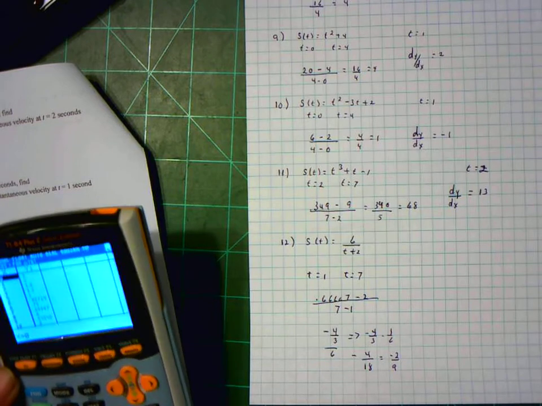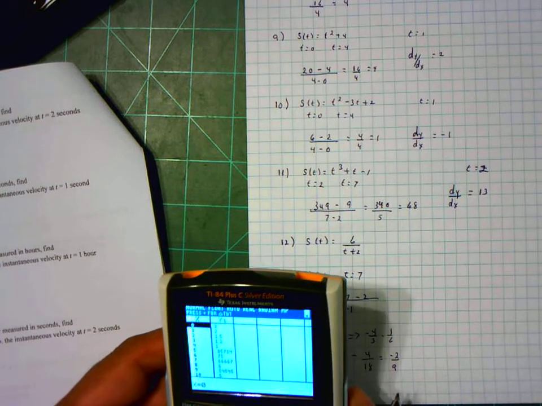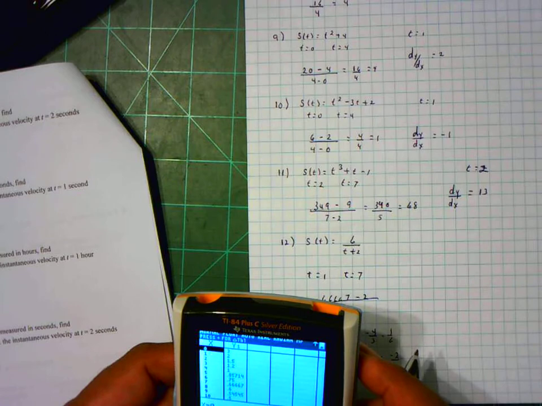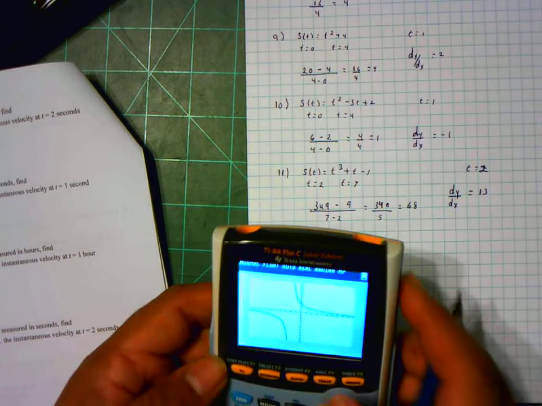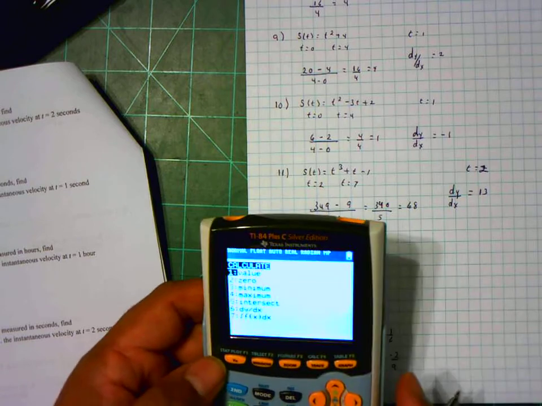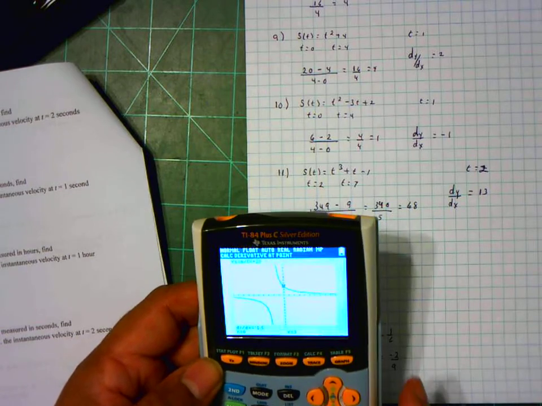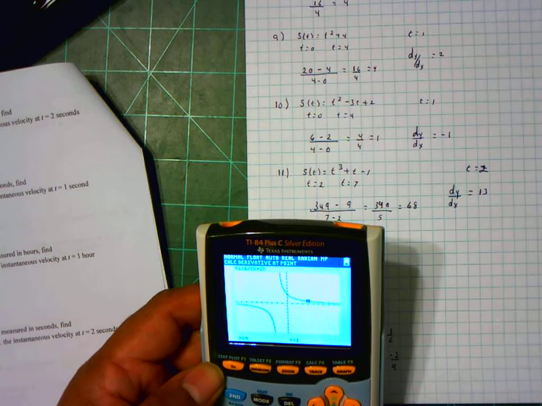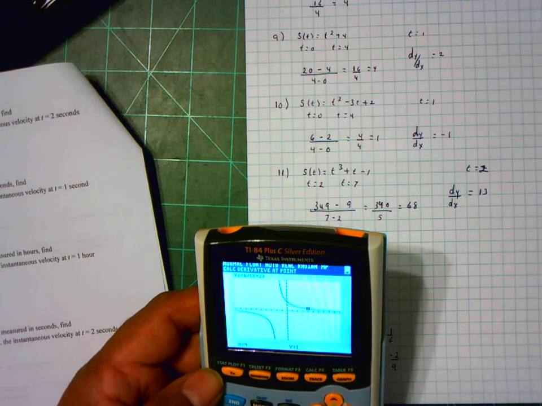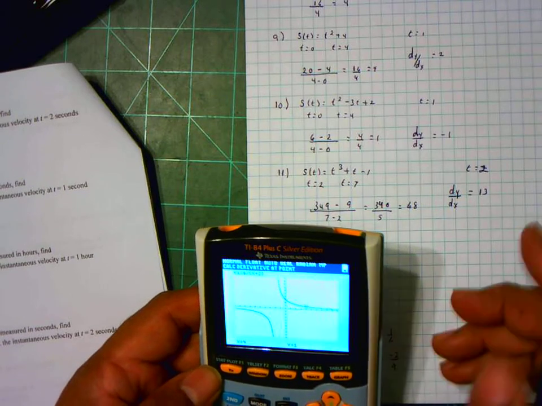And the instantaneous velocity, if I go to second, well, let's just go to graph. Now I want to find this at 4, so second trace 6, 4. Do that again.